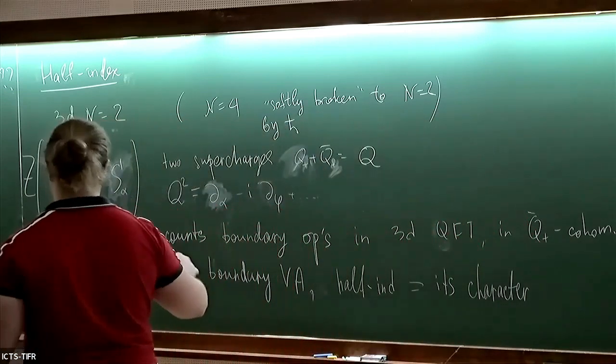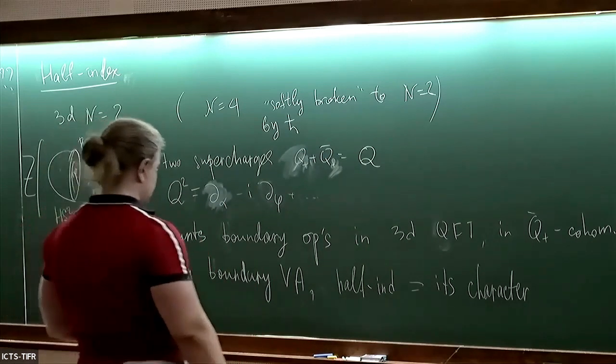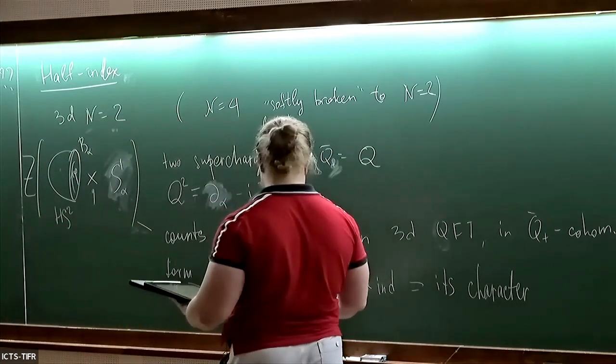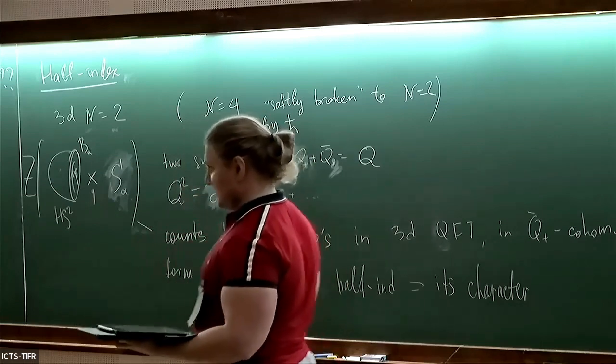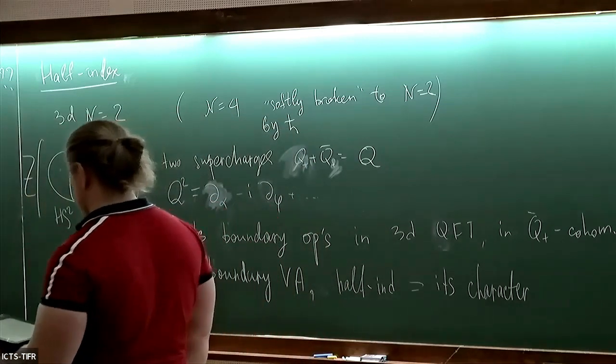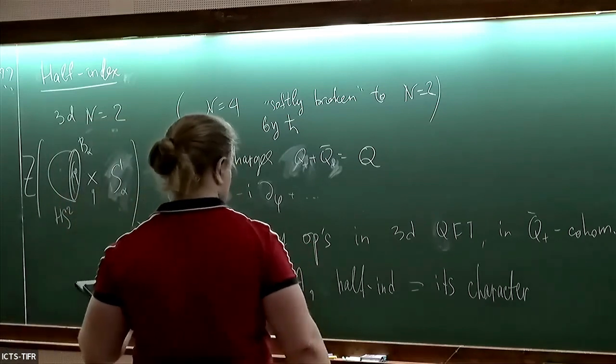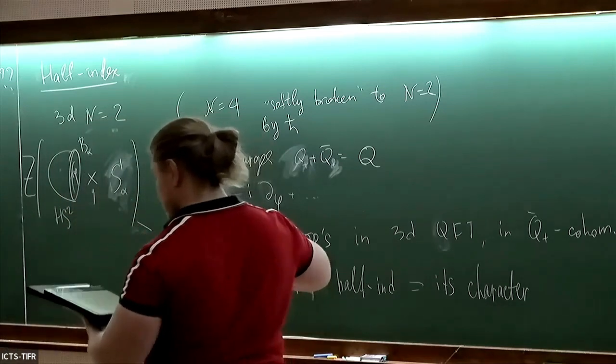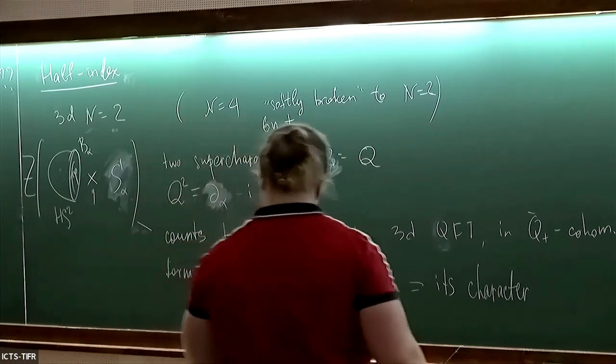And these are, in general, some logarithmic vertex algebra, similar to what was mentioned in Tudor's talk. But that was in the context of topologically twisted theories.